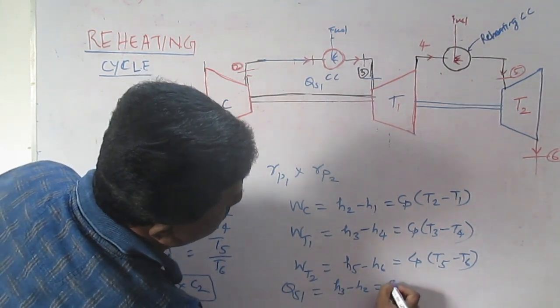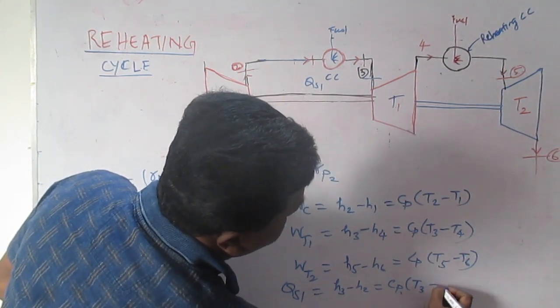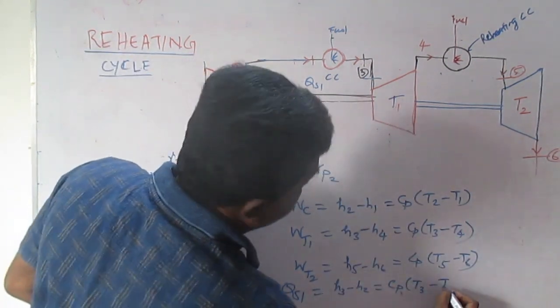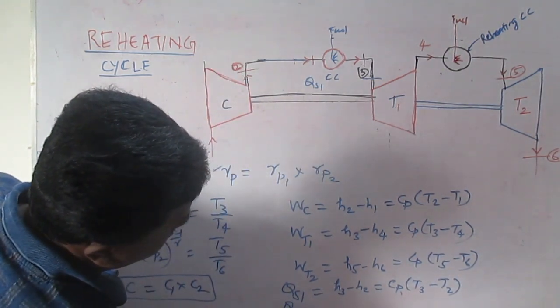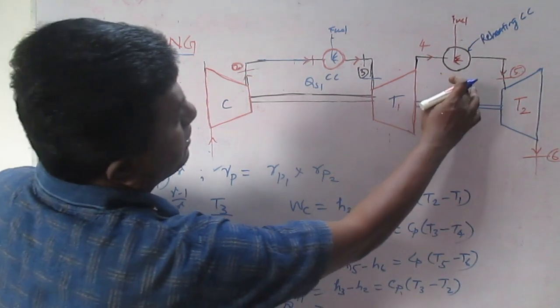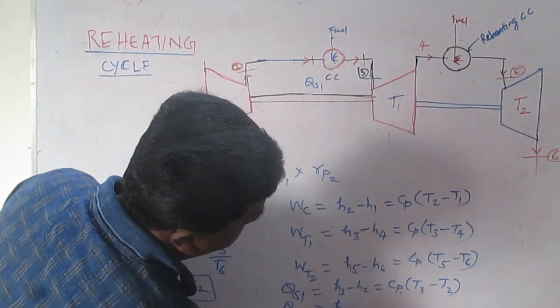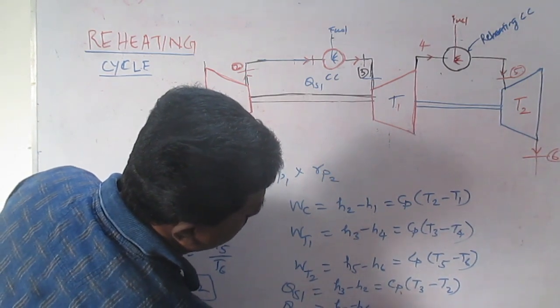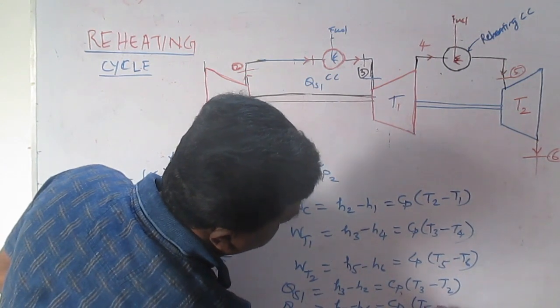So that is equal to Cp into T3 minus T2. Then another one, QS2 equal to H5 minus H4. So that is equal to Cp into T5 minus T4.